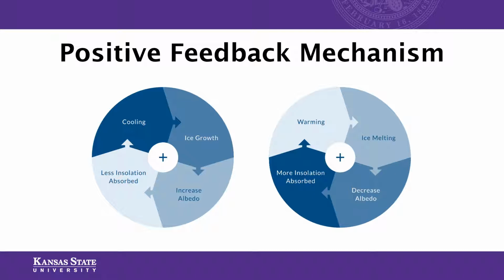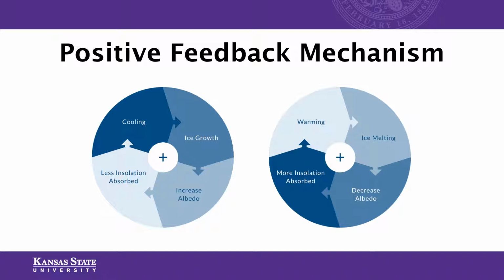If there's less energy being absorbed, we have a cooling effect. Earth's temperatures decrease. So the more ice you have, the more reflection you have, the less energy that's being absorbed, the cooler that it gets. So that's a positive feedback loop.